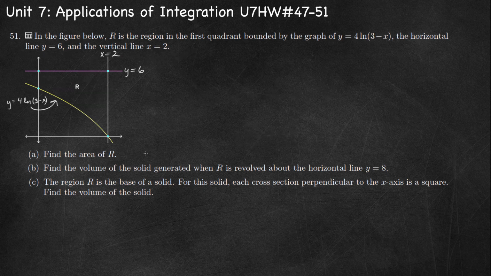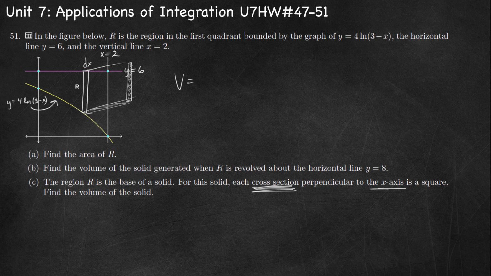Part C, the region R is the base of a solid. For this solid, each cross-section perpendicular to the x-axis, so our reference rectangle looks like this, is a square. Okay, so now we have squares coming up off the page here. Find the volume of this solid.